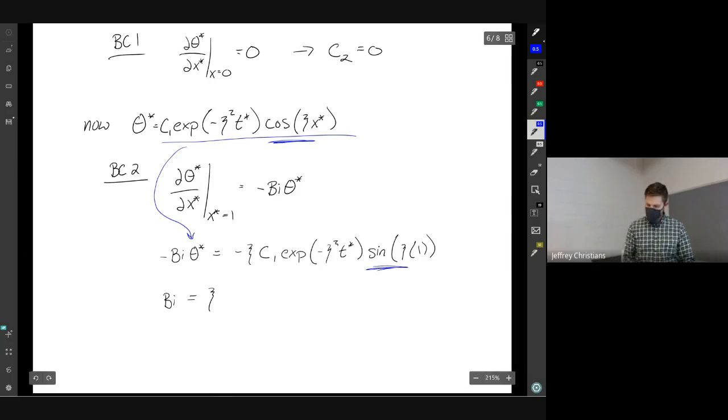In this bottom term, we have a sine. So we're going to have a sine C over cosine C, which is just equal to C tangent of C.